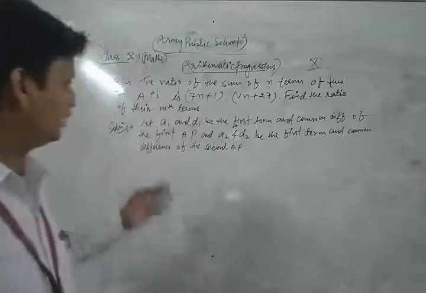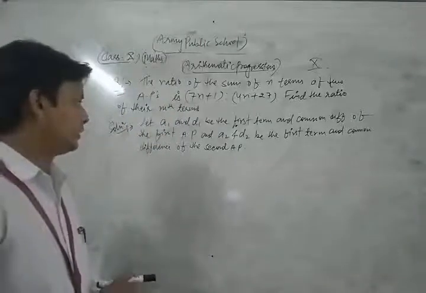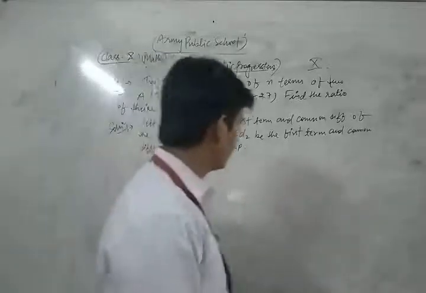Okay, so here a1 and d1 are the first term and the common difference of the first AP, and a2 and d2 are the first term and the common difference of the second AP.